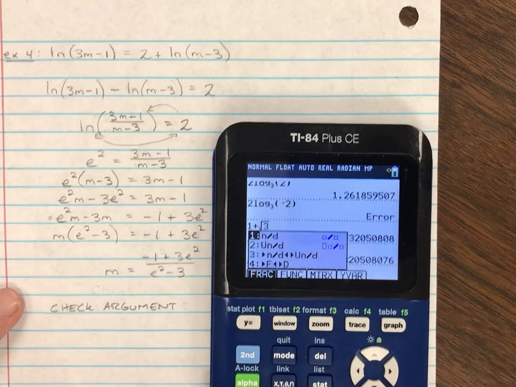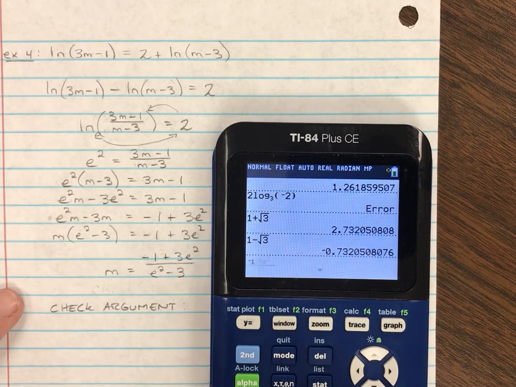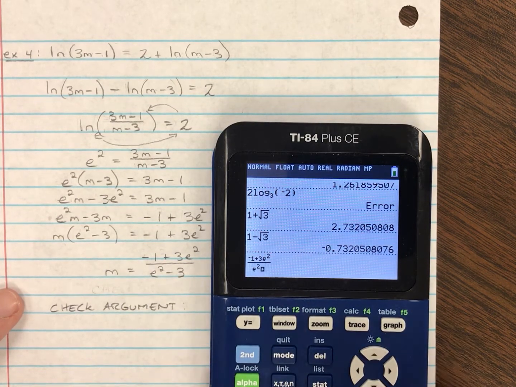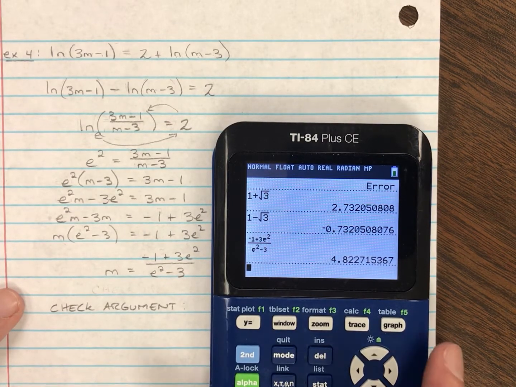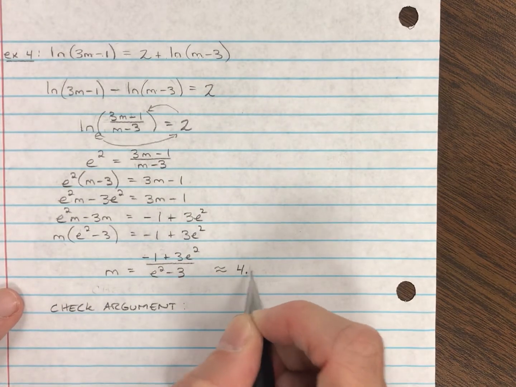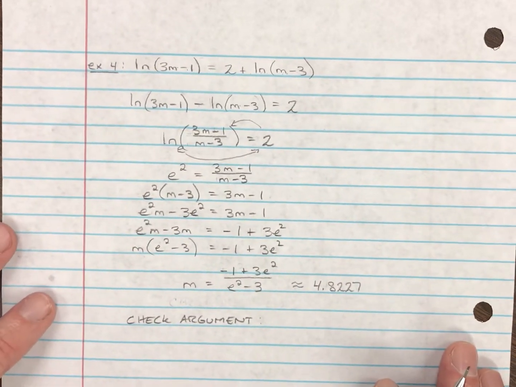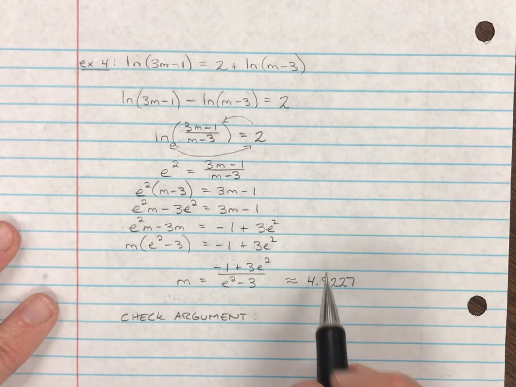So I like my fraction bar. -1 plus 3e squared over e squared minus 3. Well, I got 4.8227 approximately.